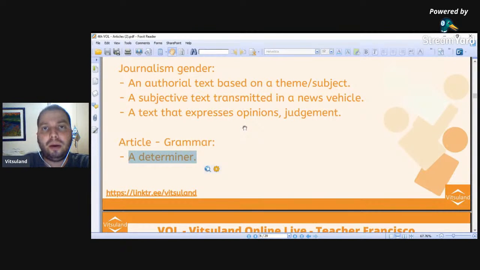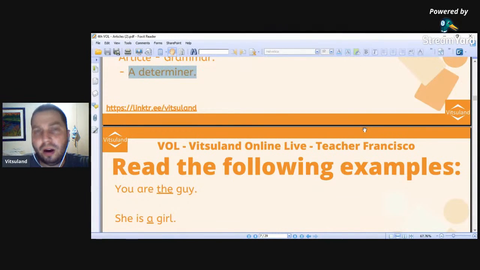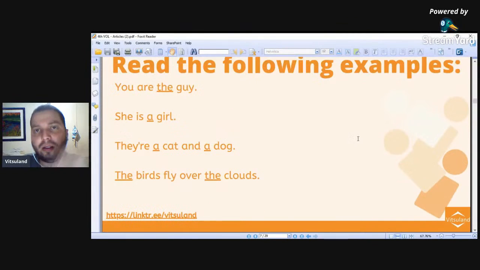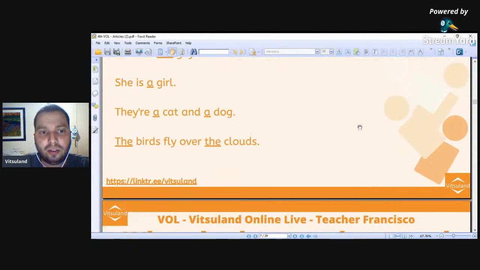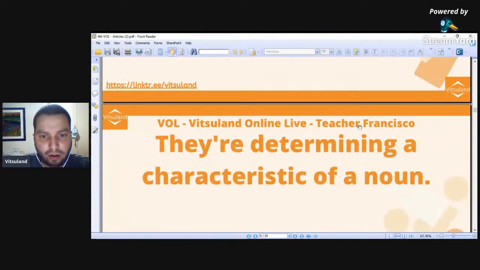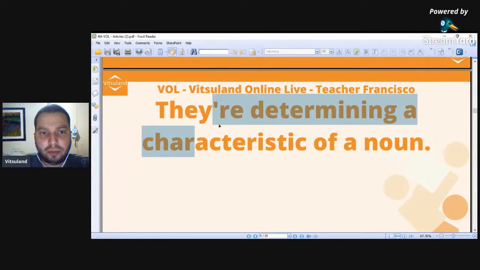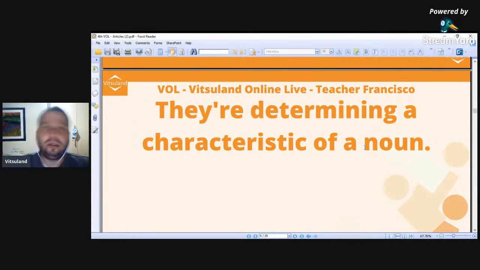So we are talking about a particle that determines something different. Another idea, another expression, or maybe just referring to another thing. It's giving you guidance or indicating something different. So an article is a determiner. It's something that determines another thing. They are determining a characteristic of a noun or a subject.